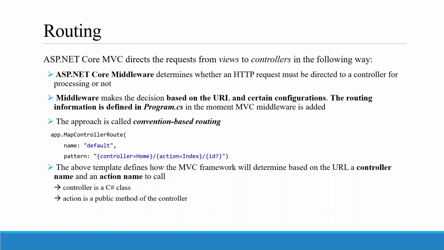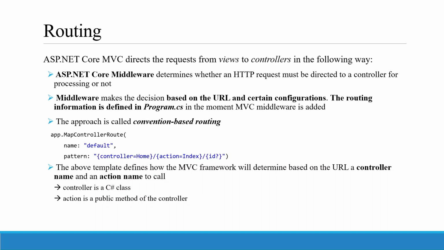One called name, which allows us to set the name for the route, and another one called pattern, which specifies the pattern based on which the request will be directed to a controller. The name is not that important. We can specify any name we want, but the pattern specifies how the HTTP request will be directed.